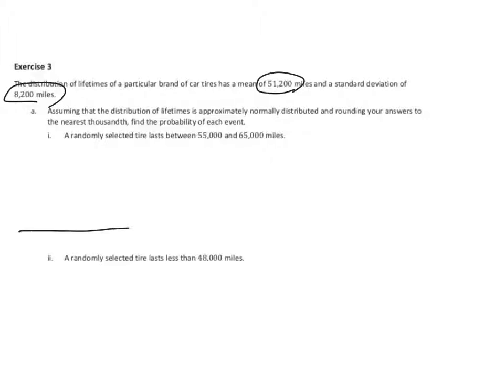I need to calculate some z-scores. If I look at my curve, I've got a mean of 51,200. And I'm trying to find between 55,000 and 65,000 miles.